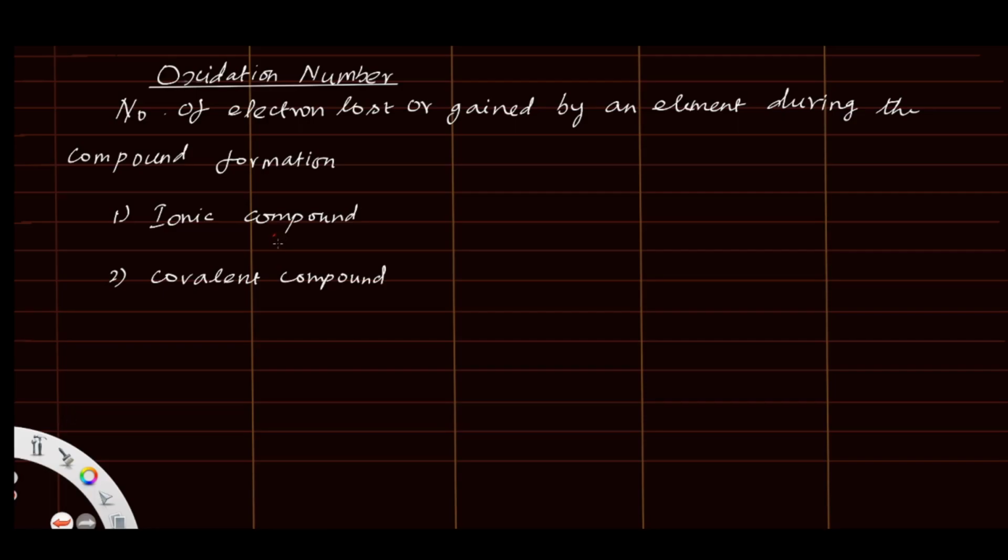In ionic compounds, oxidation number represents the real charge of the ion. And in covalent compounds, it represents the imaginary charge.